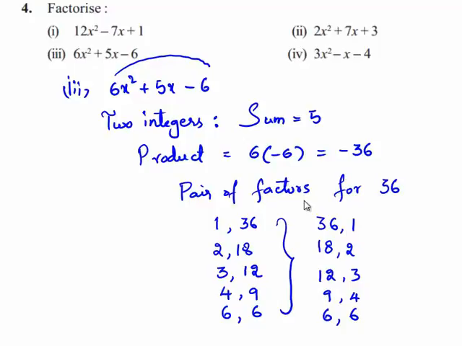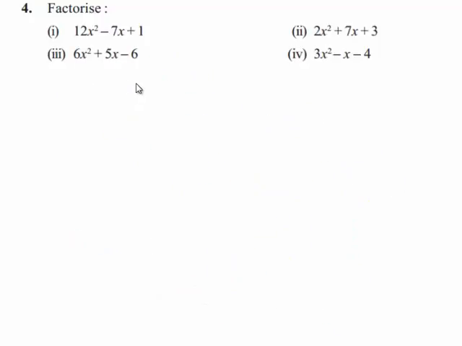So out of these pairs of factors, we can use one of the pairs for getting the sum as 5. If you observe, we can use 9 and 4 for getting the sum of 5. As already mentioned, the product must be equal to minus 36 and the sum must be equal to 5.